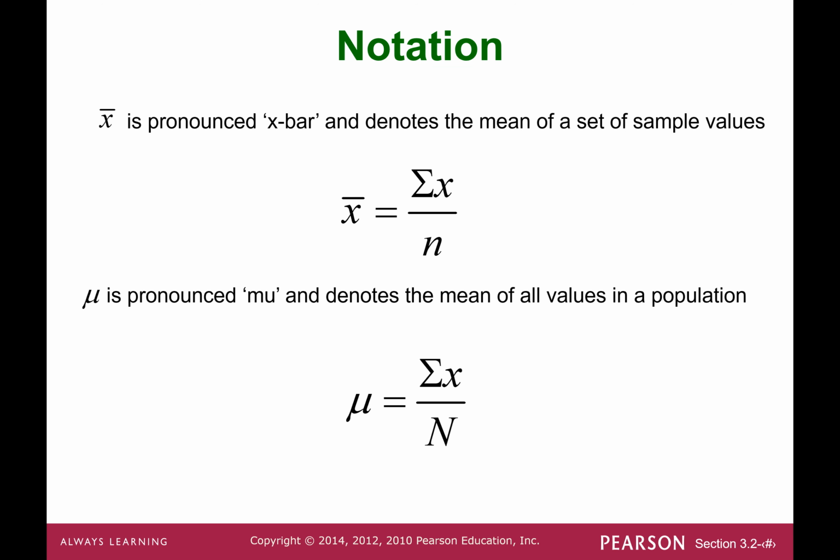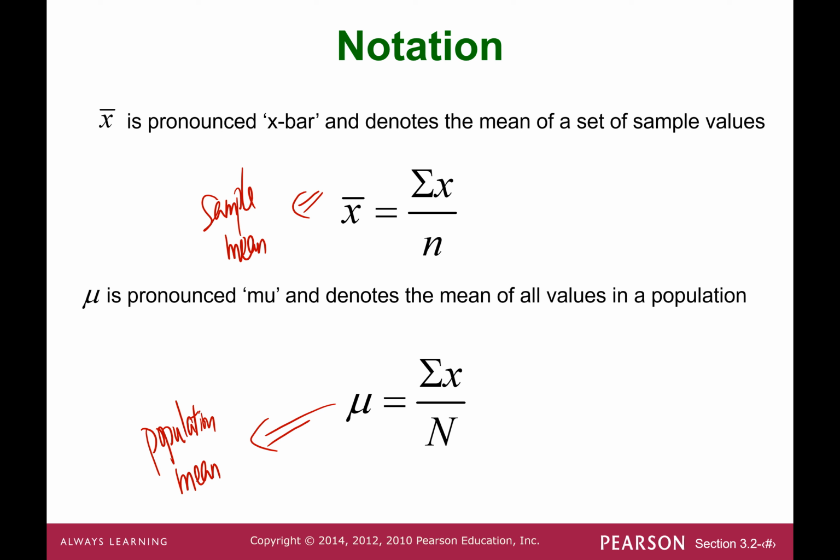So first of all, let's take a look at the sample mean. The sample mean is equal to summation of x: sum up all the data values in your sample and divide by the sample size. And mu is what we call the population mean. Population mean equals summation of x: you sum up every single data value in the population and divide by the population size.